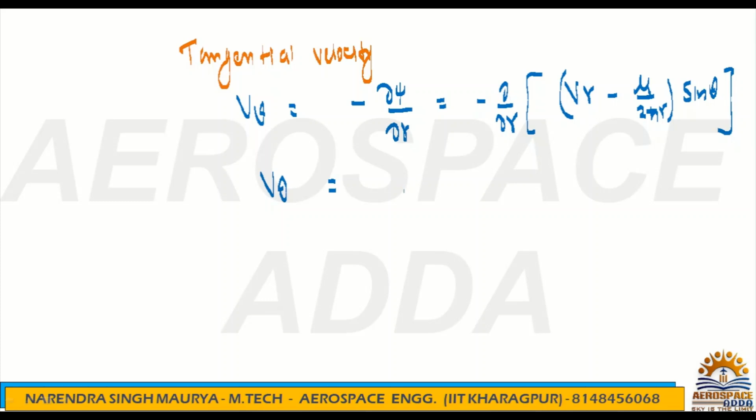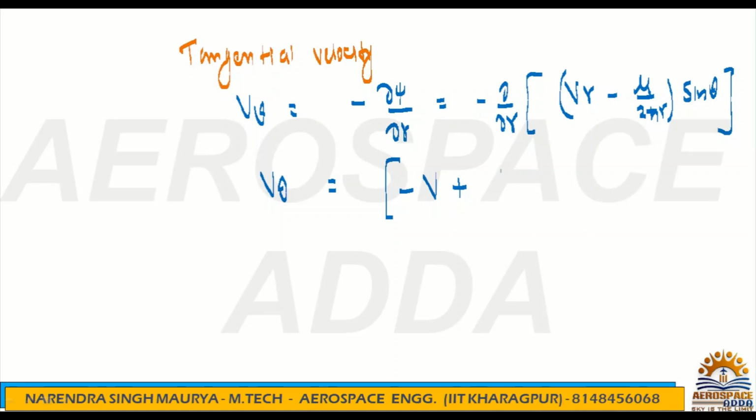So I can write minus minus of V, then minus minus becomes plus, multiplied by bracket open; keep sine theta outside. Minus V, and then minus minus plus, here comes mu upon 2 pi r, and you differentiate with respect to r. What will you get?